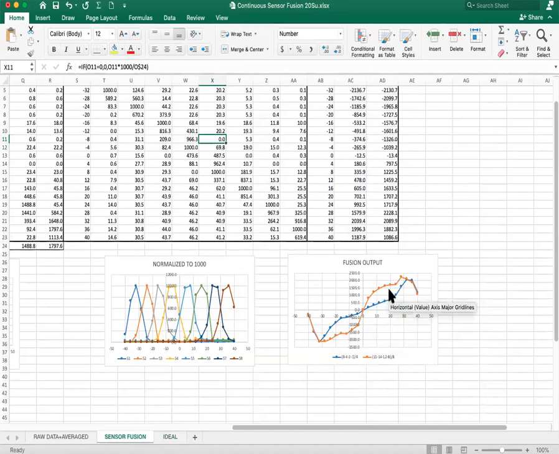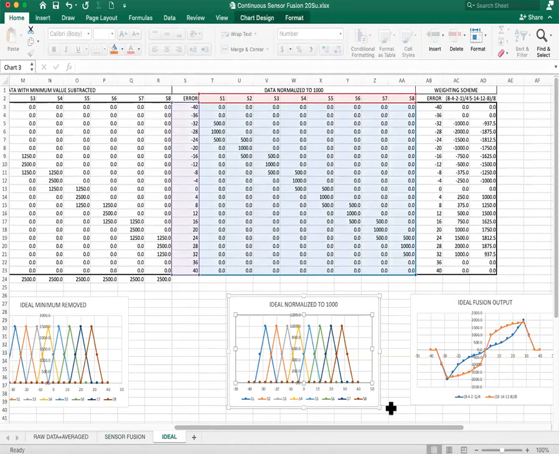So here's what it looks like with the measurements that I actually took on my dining room table. And this is what it looks like if you just use ideal data. And again, here is the fall off to zero. That is, again, quite obvious.